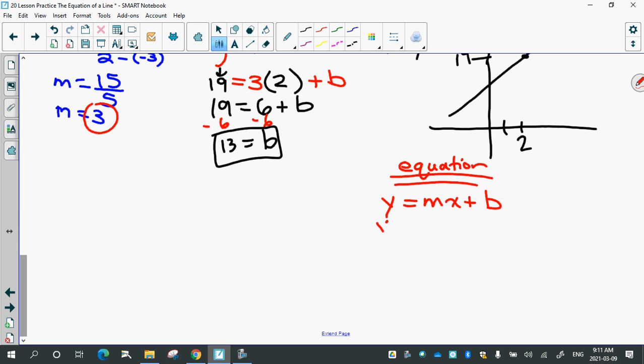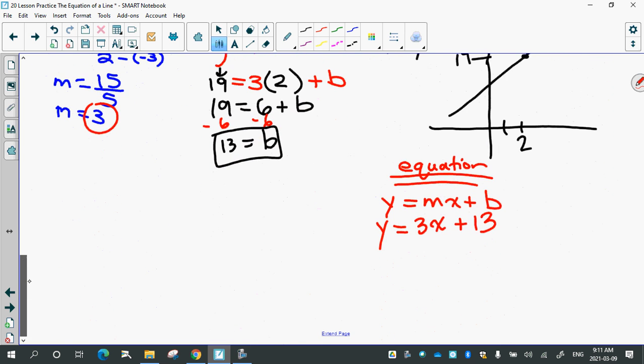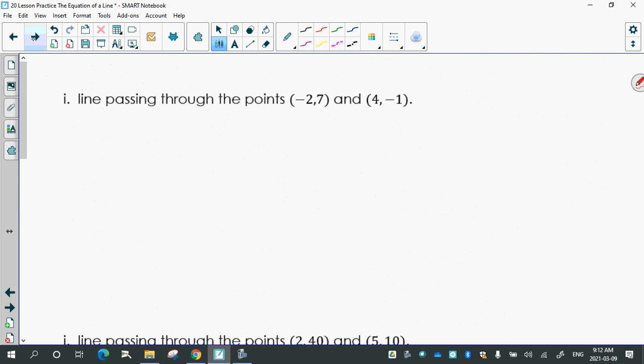So all I need to do is replace m with 3, keep my x, and b with positive 13. Okay, we're going to do a lot more like this, so if you feel like you haven't caught it yet, then don't worry, do more.